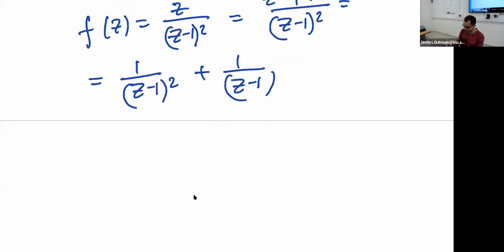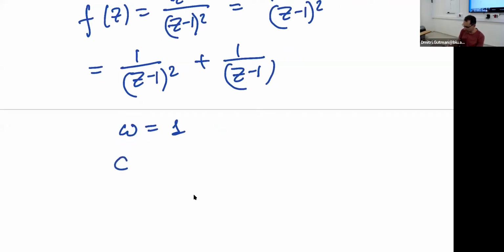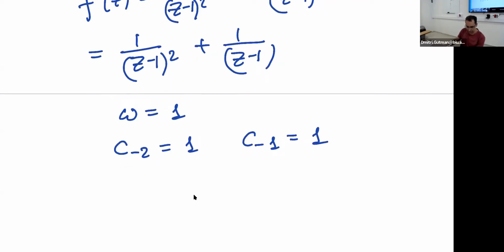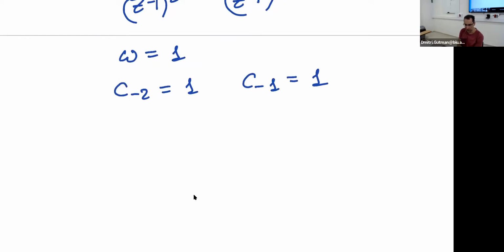In this case the singularity is at the point w equal to 1, and we have c minus 2 equal to 1, c minus 1 equal to 1, and all other c's identically equal to 0. So there is a finite number of terms in the Laurent expansion with negative powers.